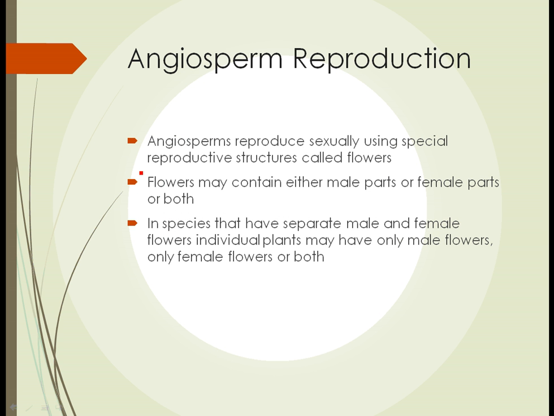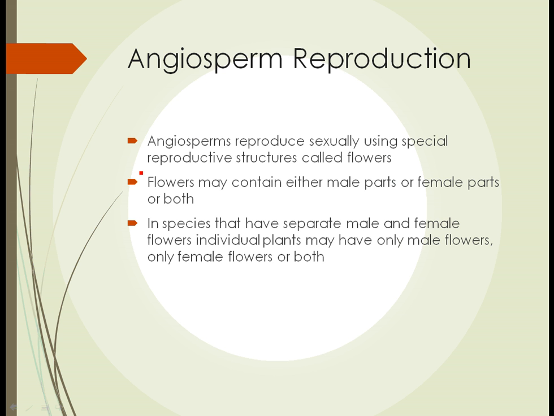Angiosperms reproduce sexually using special reproductive structures called flowers. The flowers may contain either male parts, or female parts, or both. In species that have separate male and female flowers, an individual plant might have only male flowers, only female flowers, or both.